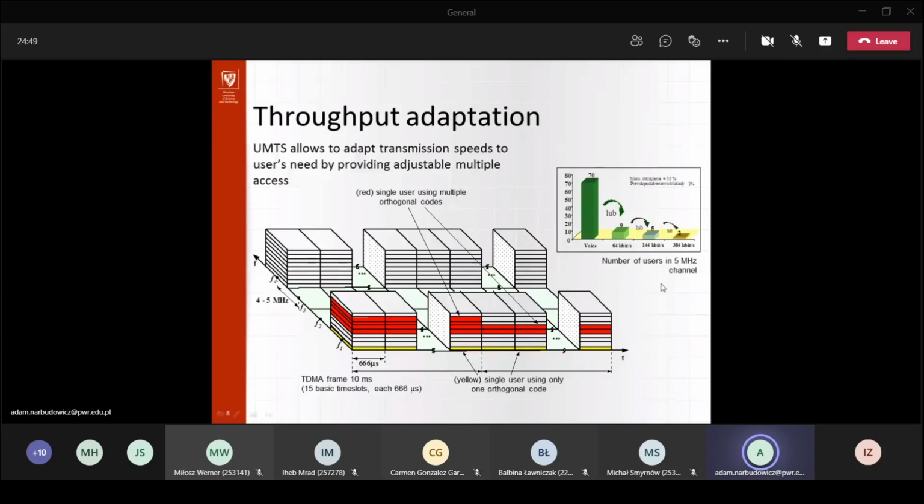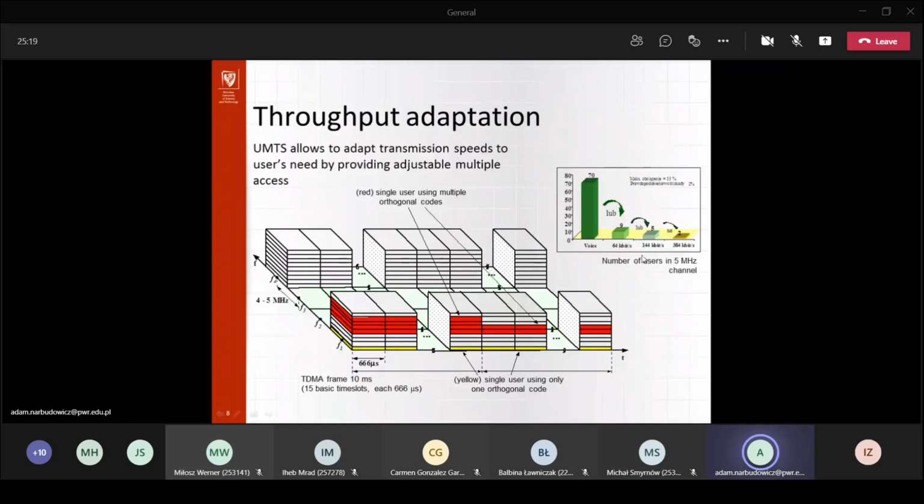And here on the right, you can have a simple example of how it can be divided. So we are assuming we have a 5 megahertz frequency channel over here. So that's quite typical for the systems. And if we have voice only, so by voice we mean just people calling each other, then we can serve within the same frequency channel up to 70 users, right?